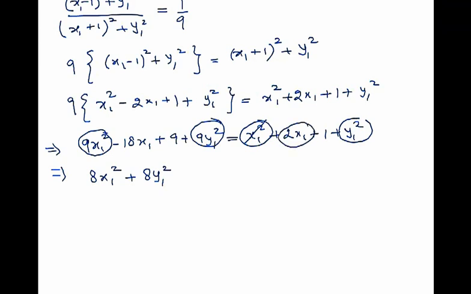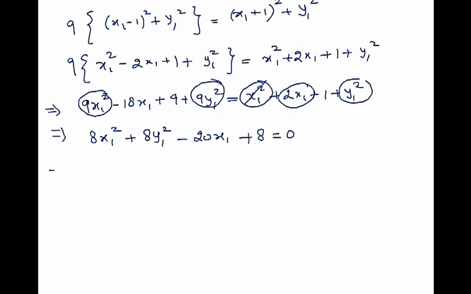This 2x1 comes on the left hand side to become minus 2x1, so the complete thing will be minus 20x1, plus this one will turn out to be minus 1, so 9 minus 1 will be 8. So this is equal to 0. Dividing the complete expression by 8, we get x1 square plus y1 square minus 5 by 2 x1 plus 8 over 8, that is 1, equal to 0.